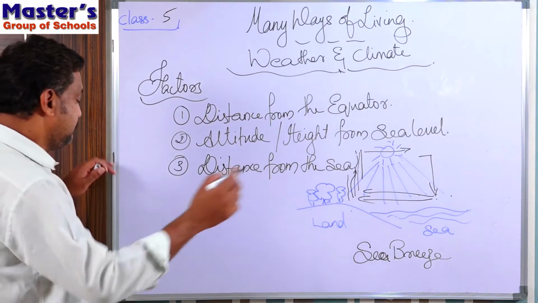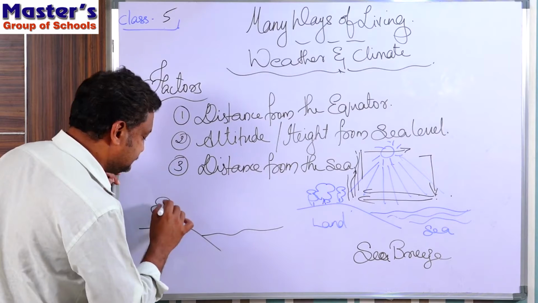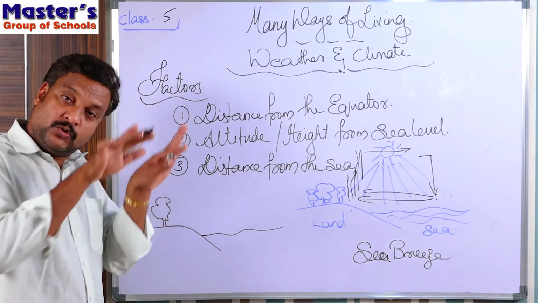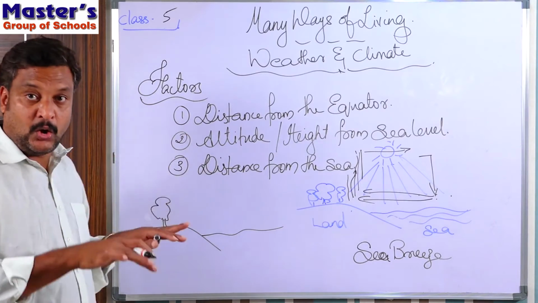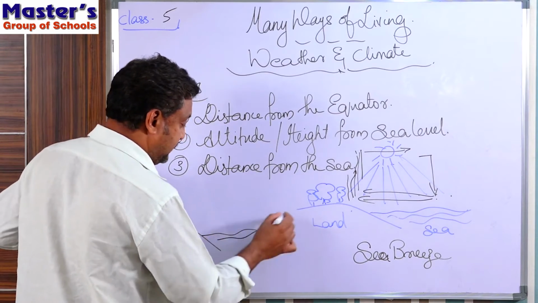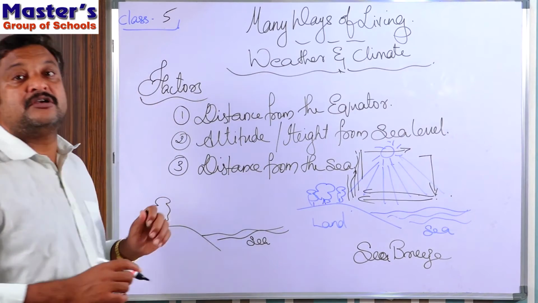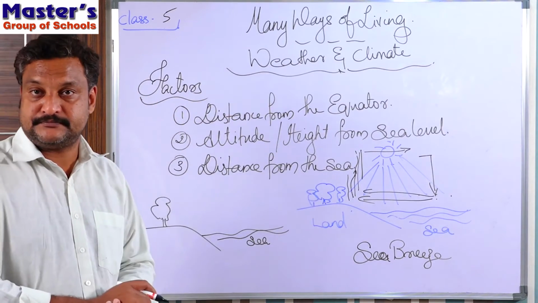Okay. So this is land, this is water. Right? It's night now. The land got cooled down. The air above the land also is cold. But now what happens? The sea is still warmer, because water takes more time to leave out the heat.